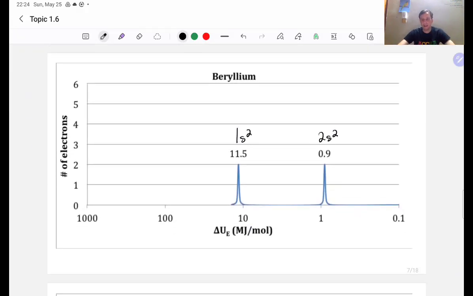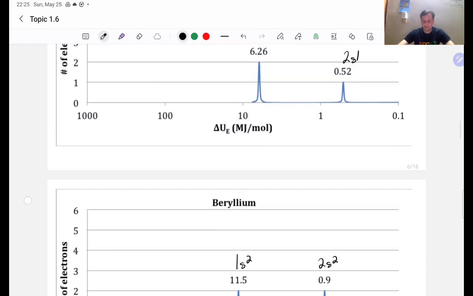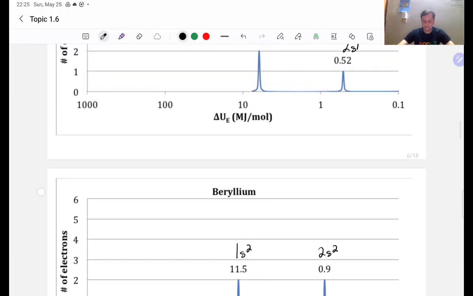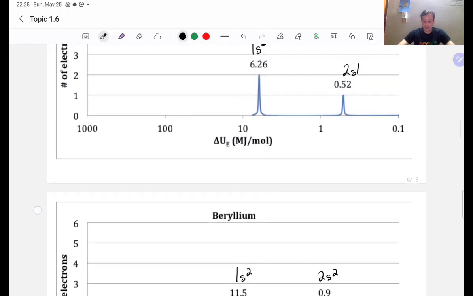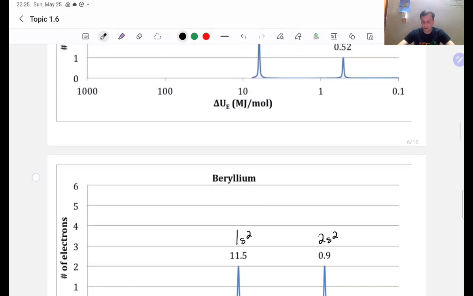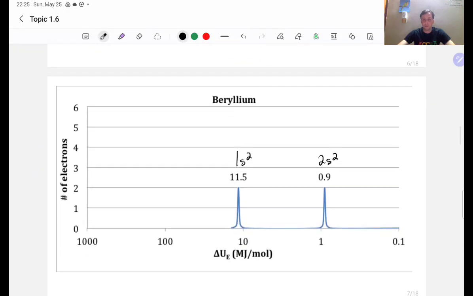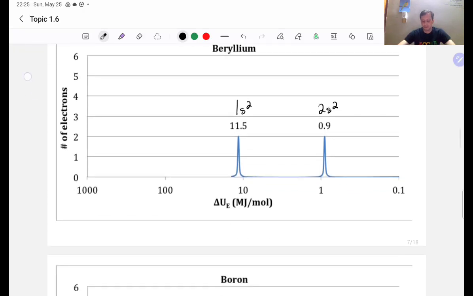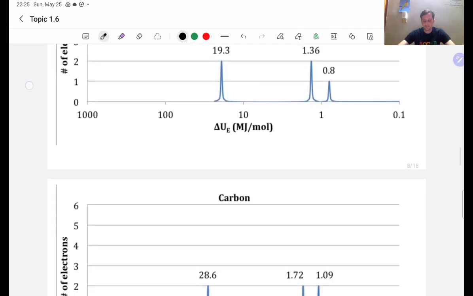Peaks are the same height, but the 1s2 is going to have a higher binding energy. And notice again, the binding energy is higher than lithium by a little bit because there are more protons in the same amount of energy levels, and so a slightly higher attraction of the electrons to the nucleus, a higher effective nuclear charge.